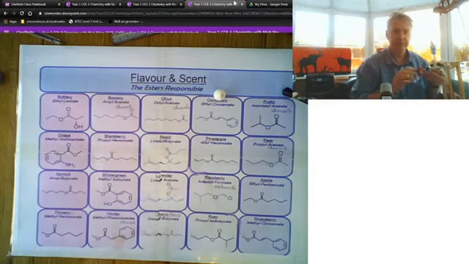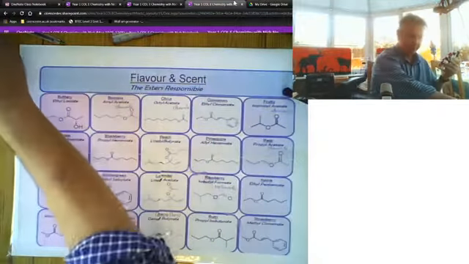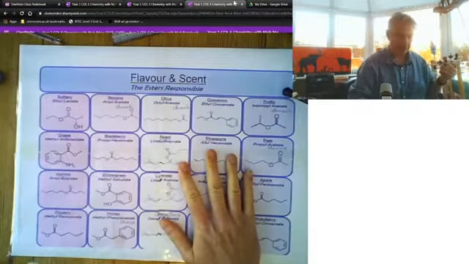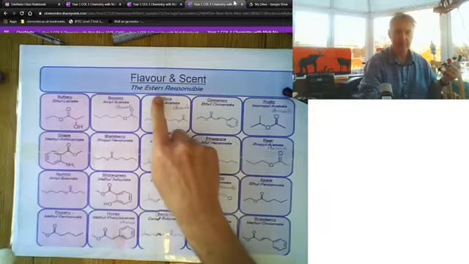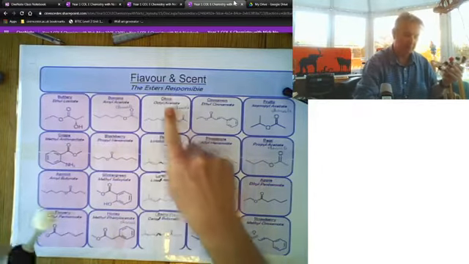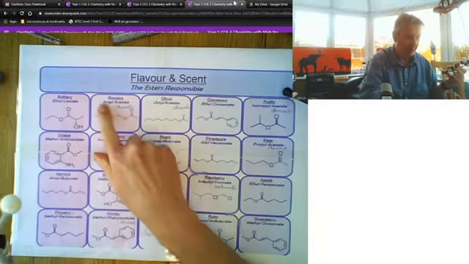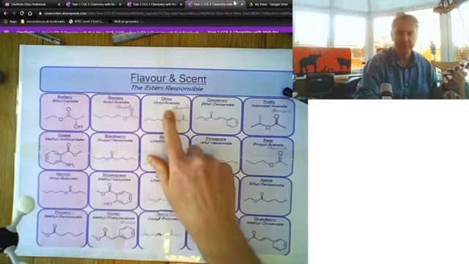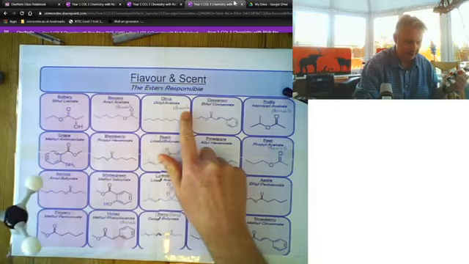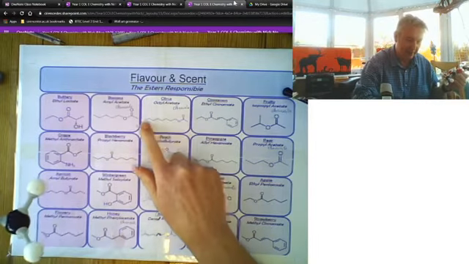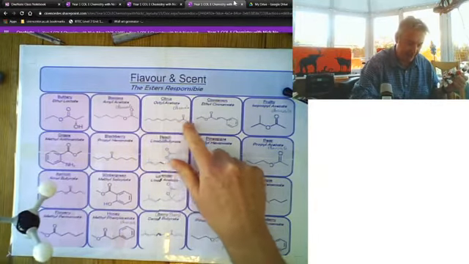On below you can see that there is a mat I put on this table which says flavour and scent, because this is all about esters, and esters are responsible for lots of different scents. For instance, banana is amyl ethanoate. Some of these have got some of the old names. I've written ethanoate where it should be. So octyl ethanoate has a chain of 8, and then it's got ethanoic acid.